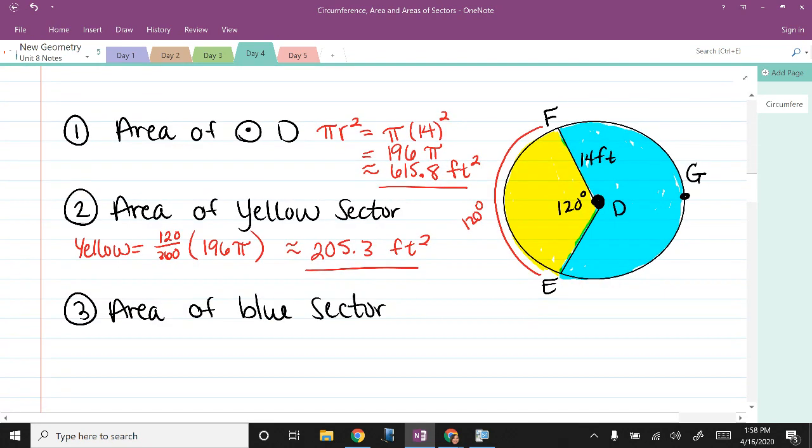Now, the blue sector, I can do the same thing by getting this whole angle measure, which would give me that arc measure, or I could subtract the area of the whole circle minus the area I've got for the yellow sector. So that's what I'm going to do. I'm going to do the whole circle area minus the yellow sector to get my blue sector.